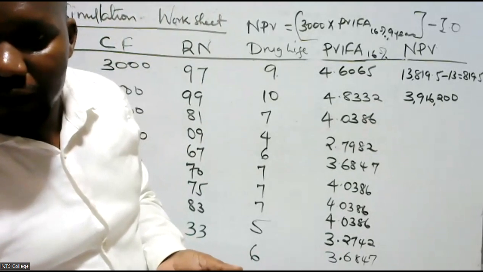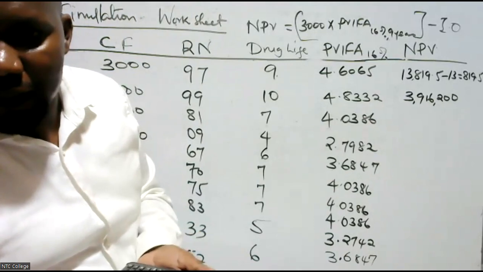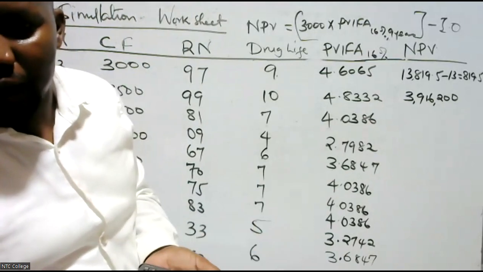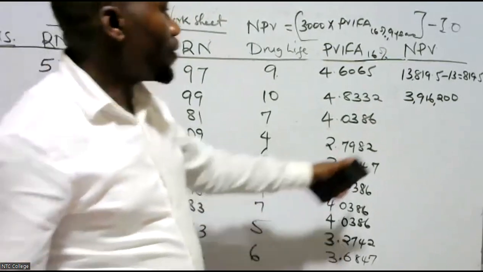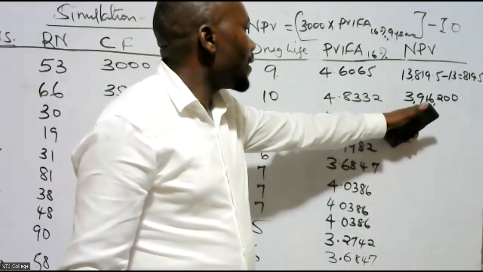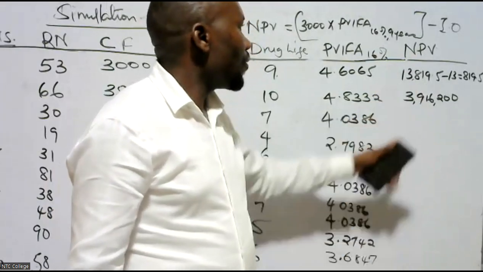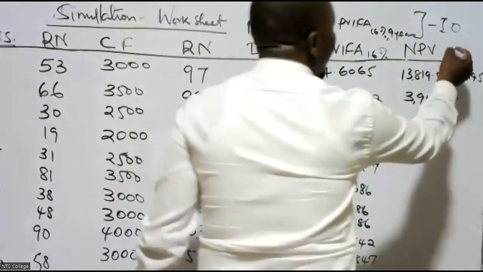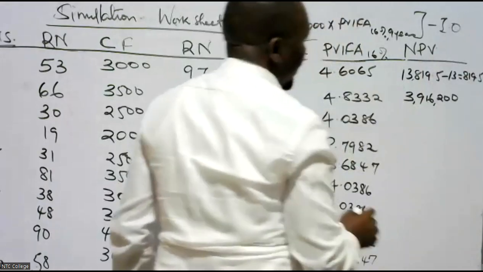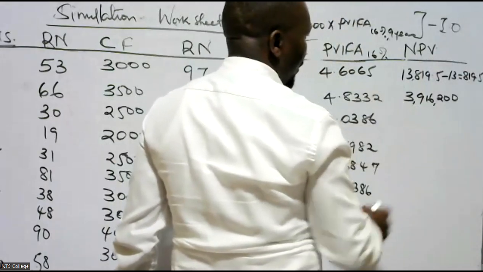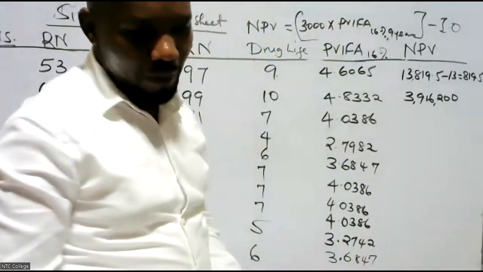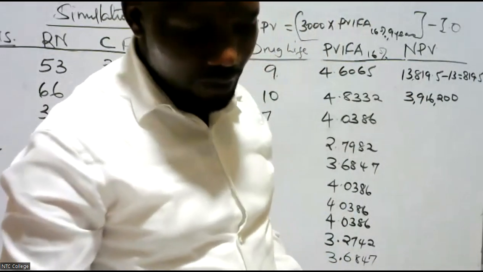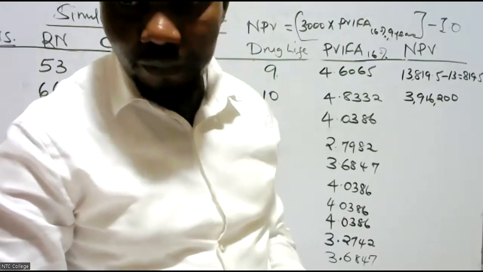Can you have them in millions, or do you want to have them in thousands? Still the same, you can round off. If you round off, this should be 3,916. How do you want to do it? I prefer in millions, so that we don't have confusion.